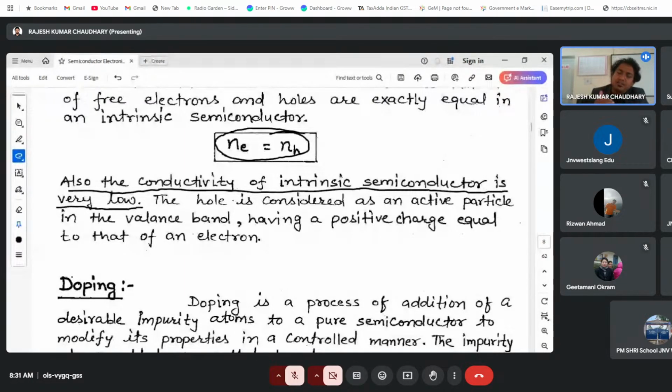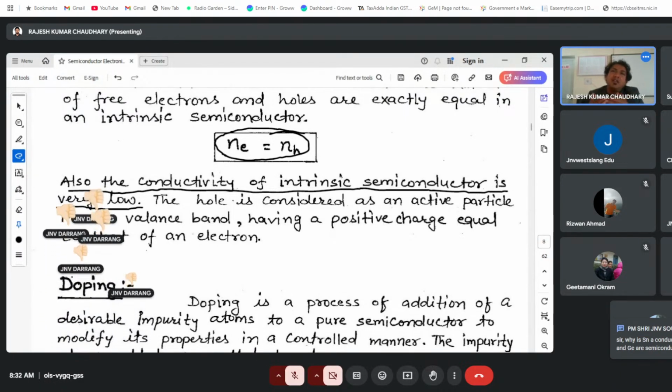Because free charges are very less, they will have less conductivity. And if they have less conductivity, they will have high resistivity, because resistivity and conductivity are inversely proportional to each other. So they are not able to conduct electricity properly.